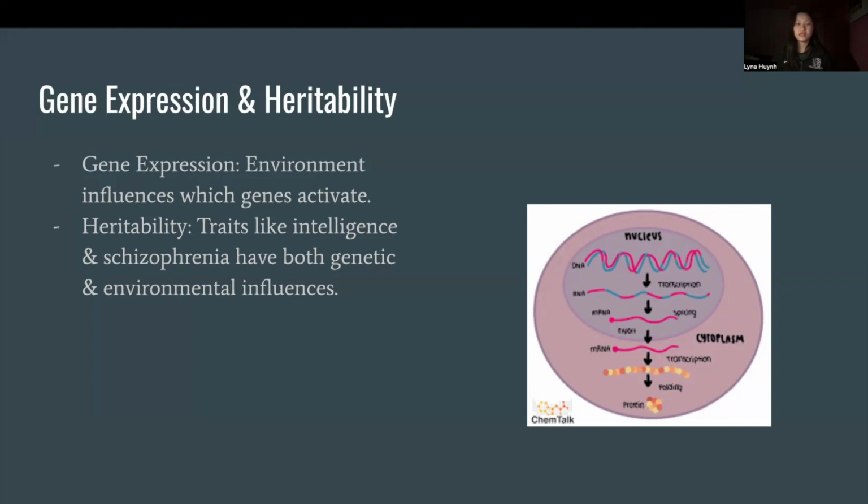And we can see some traits like intelligence and schizophrenia have both genetic factors as well as environmental factors. So a lot of traits can have both factors, not just one.